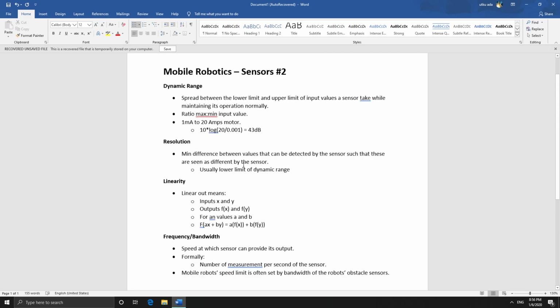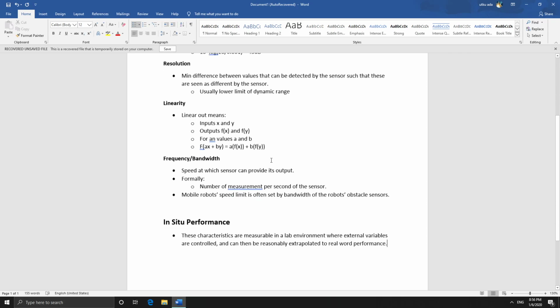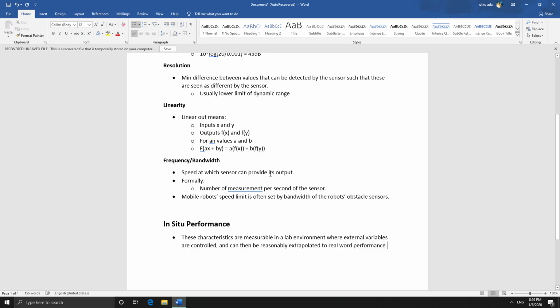So we can measure all of these in a lab environment and then maybe make some tweaks and assume that those tweaked values will be the same for the robot's real world performance.